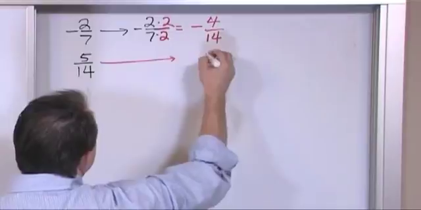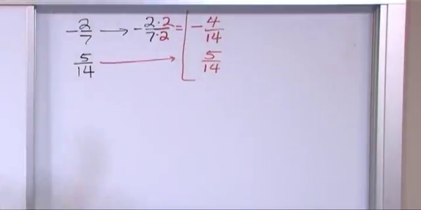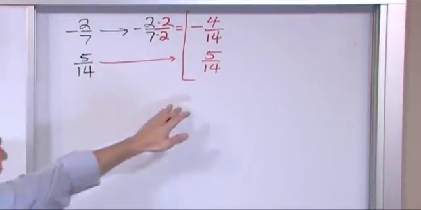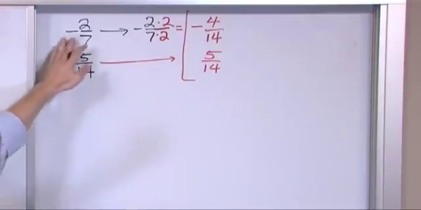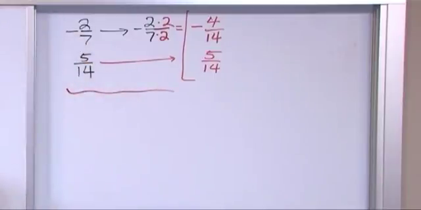This one can stay the same, 5/14. And those pair of fractions, the 4/14 is the same as this, the 5/14 stays the same. That is a pair of fractions that you could add, subtract, whatever, and I only had to mess around with one of them because the denominators were easy to work with.